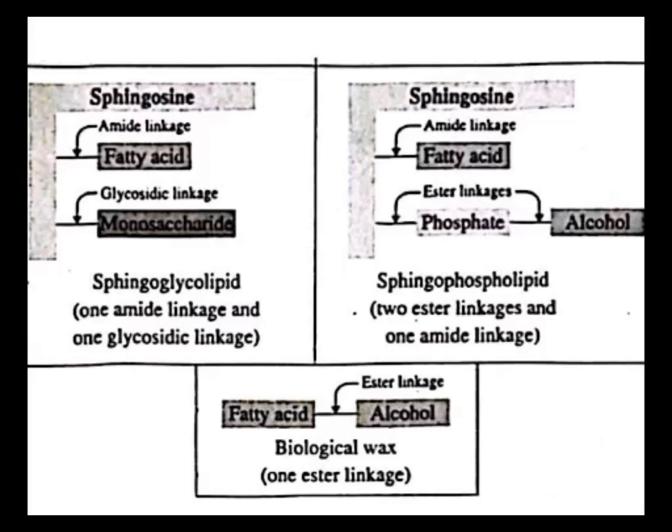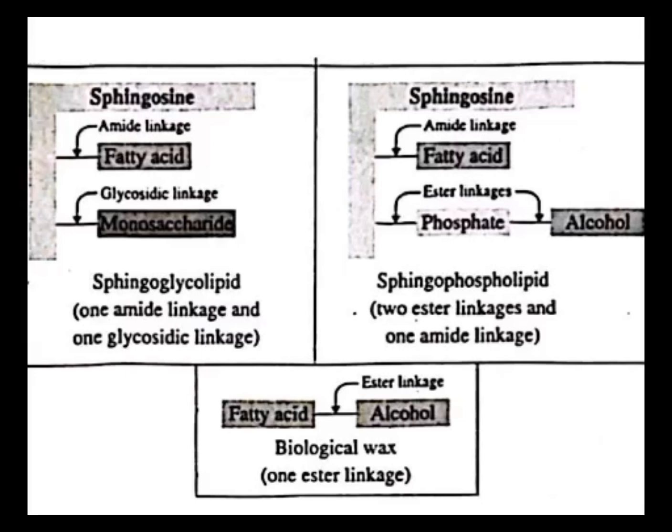Sphingosine with a fatty acid through an amide linkage and a phosphate alcohol through ester linkages is called a sphingophospholipid, with 2 ester linkages and 1 amide linkage.